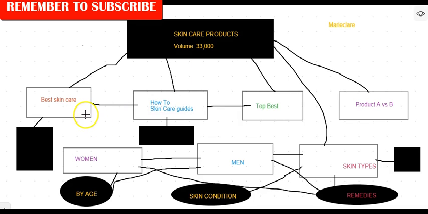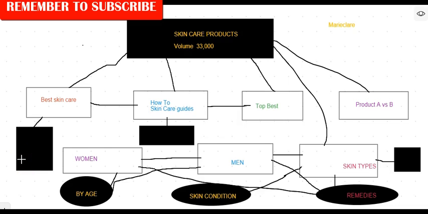These keywords' search volumes could range anywhere between 200 to 1,000, or even 4,000. It depends on what sort of keyword research you are doing. Now, let's say I have a campaign based on best skincare products, and I'm going to write 10 articles on that particular subject. What I would do is break down my articles into sections.